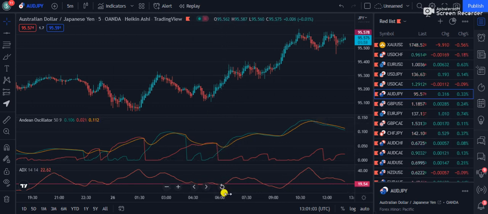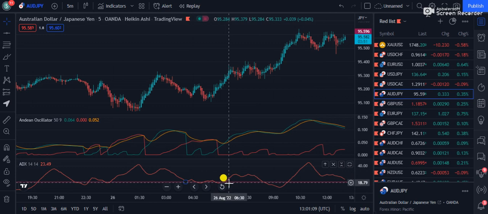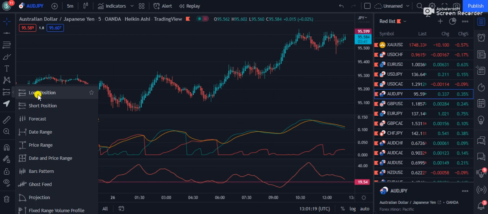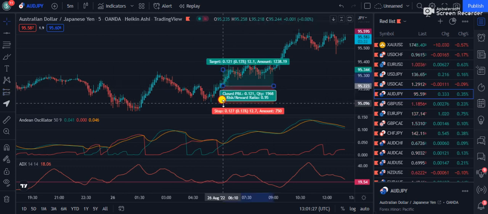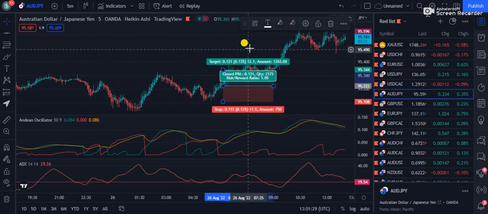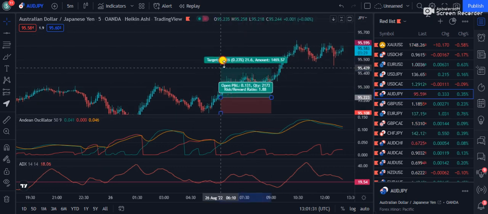I'm trying my best to teach you in a very easy way. The second thing you will check on the ADX is whether it is crossing the 20 level. It should be above the 20 level, like you can see in this situation. For example, if I take the long entry here, where we have a buy signal, and set the stop loss at the previous low, let's talk about the profits.